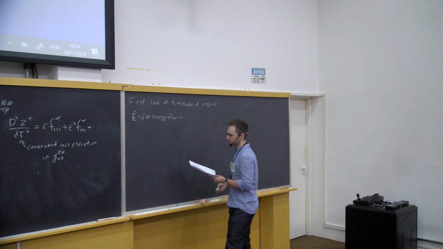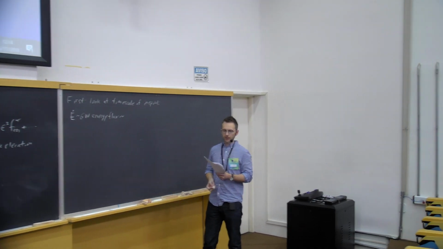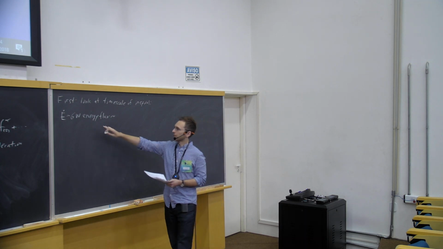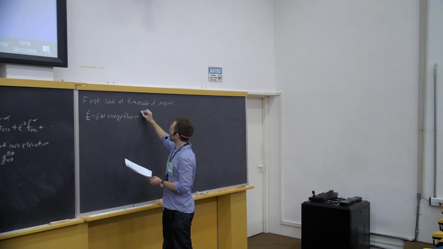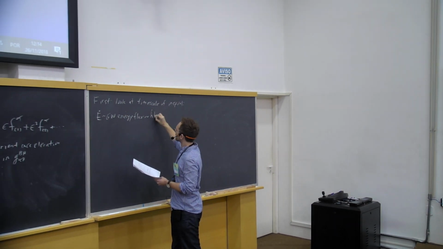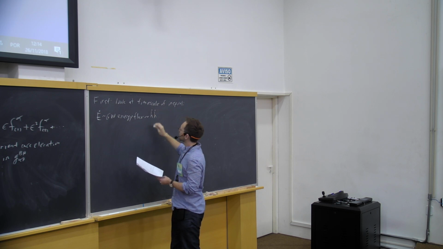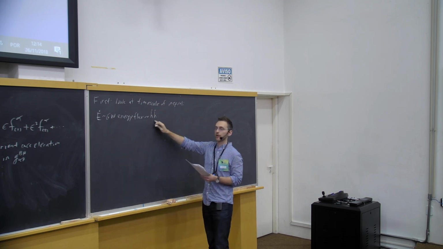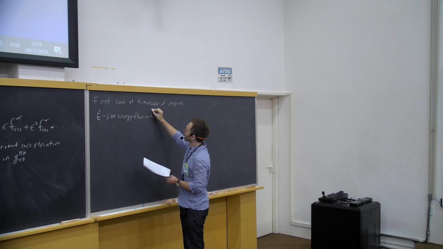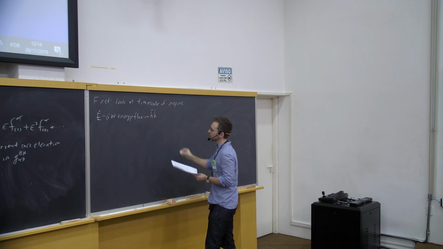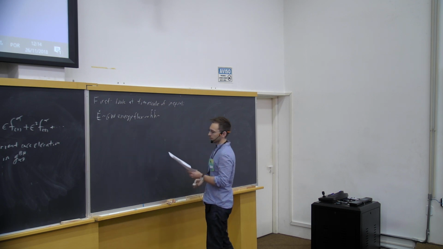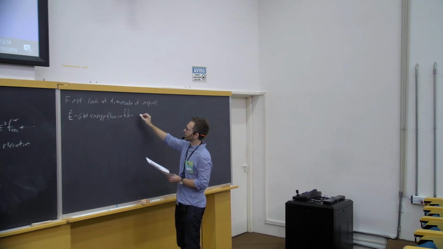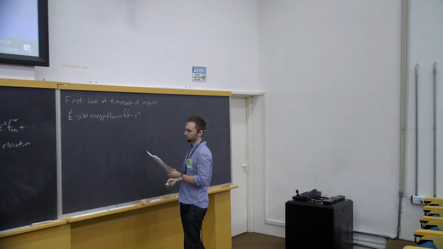And later, I think Luke and I will probably both talk about this energy flux, but it's basically the square of the time derivative of the metric perturbation. So since the metric perturbation is of order epsilon, this means we have order epsilon squared.